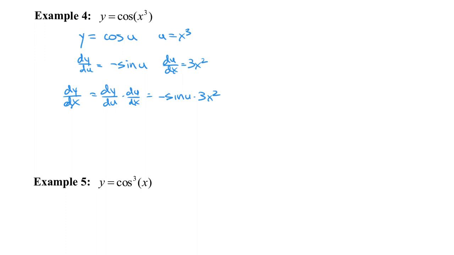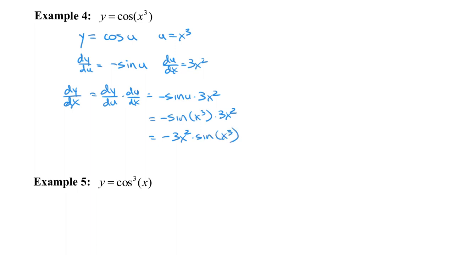We can't leave a u because the original question didn't have a u, it just had x's. But we know u is just x cubed. So this is equal to negative sine of x cubed times 3x squared, or negative 3x squared times the sine of x cubed.